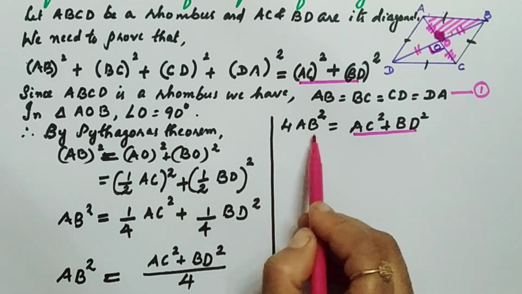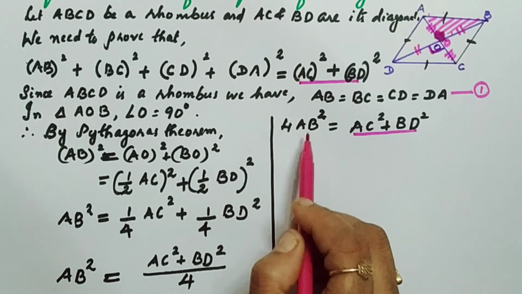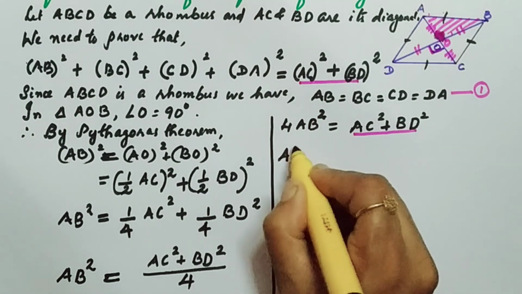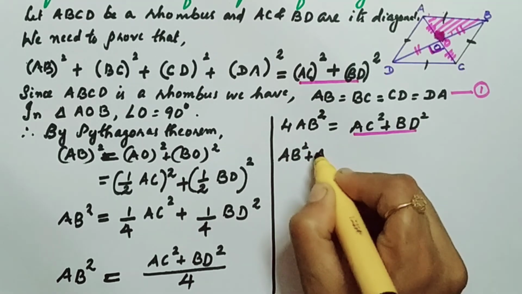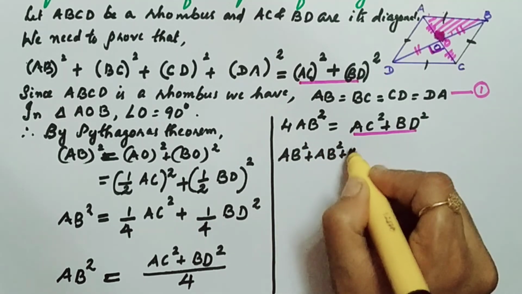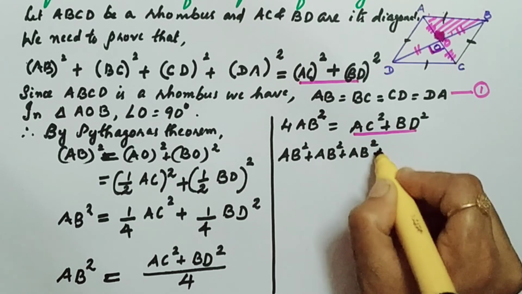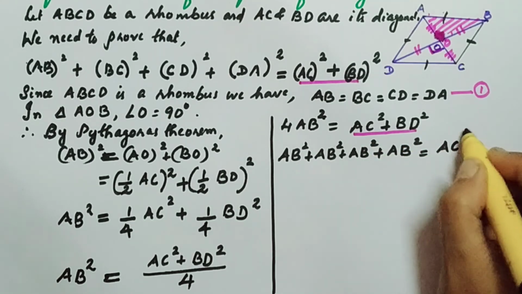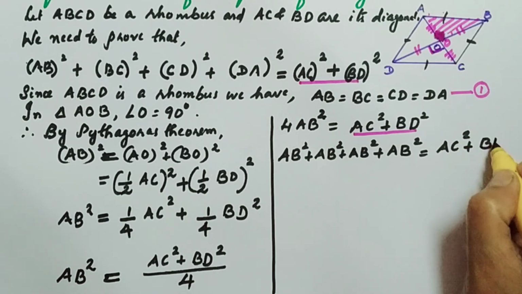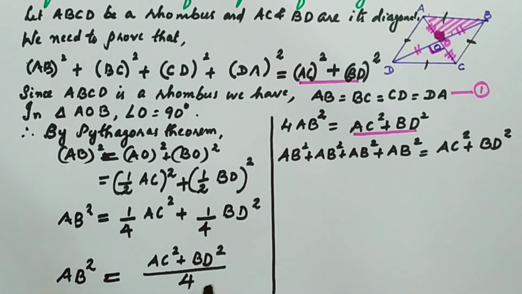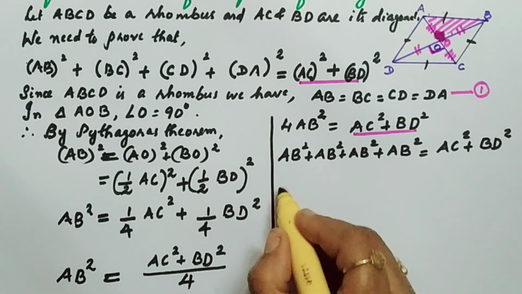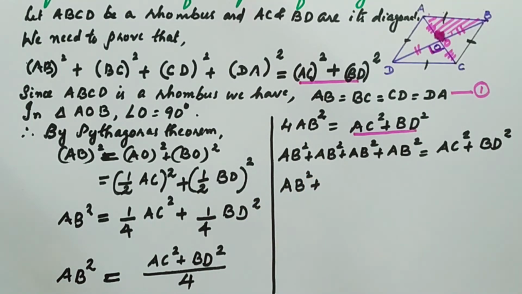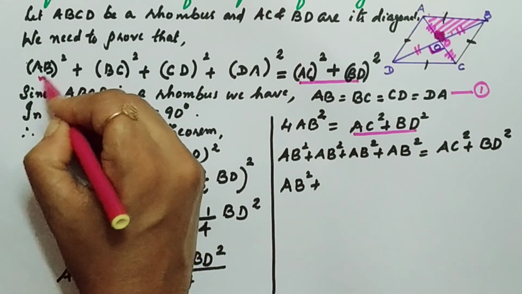So what we need to do is arrange the LHS alone. This 4AB square I am going to write as AB square plus AB square plus AB square plus AB square. This is what we call 4AB square. And now your right side is AC square plus BD square. What we want to prove: AB square, the first is AB square, correct.